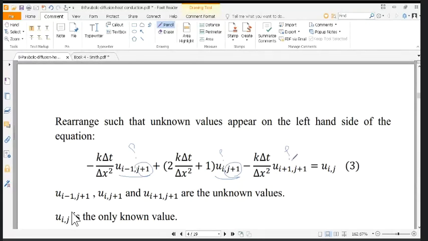And in the right side, you have only u i and j, and the value of u i and j is known. u i minus 1 and j plus 1, u i and j plus 1, u i plus 1 and j plus 1, all of them are unknown values, but u i j is the only known value.